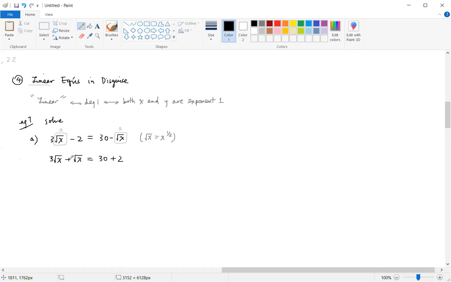So 3 of such block plus 1 of such block, you have 4 of such blocks. And the rest is easy, just divide by 4. How to cancel the square root? Square root is you square, then you cancel. So you move the square root over, it becomes a square, just like you move a multiply over and it becomes a divide. Move a square root over is square. So x equals 64.